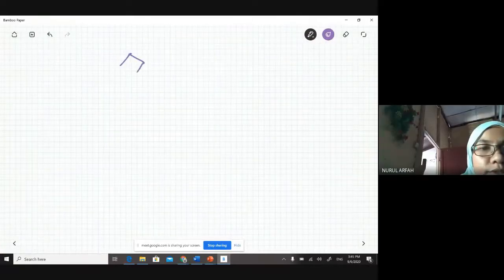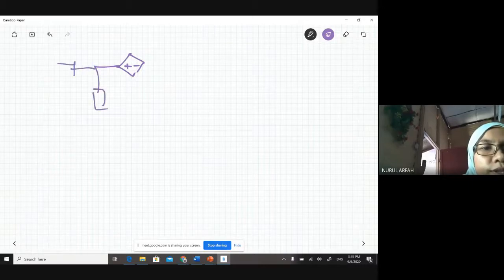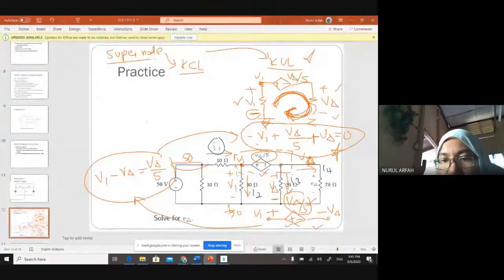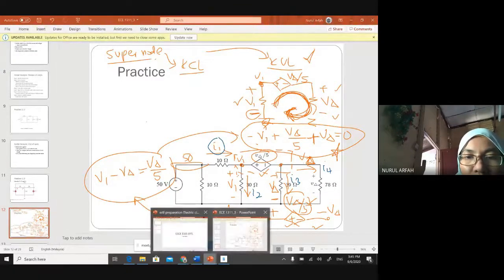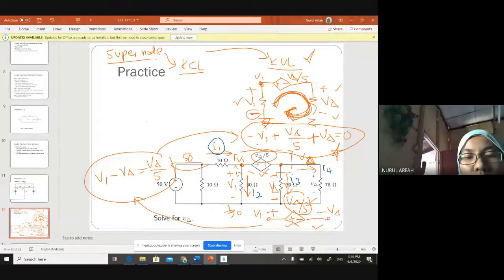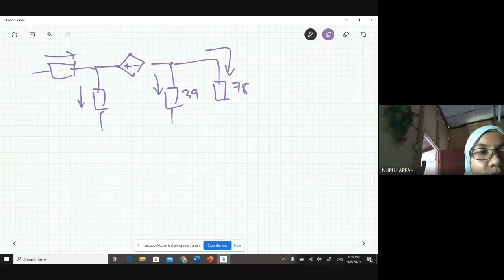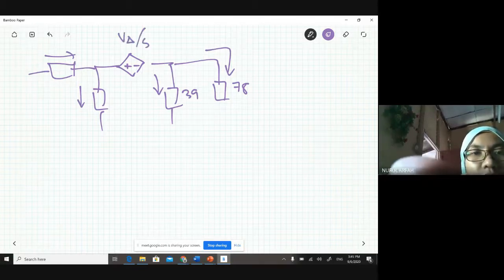All right. If you have this plus minus, and then we have something like this, and then this. Do we have any other thing? Another 78 and 39 ohms. V delta over 5.